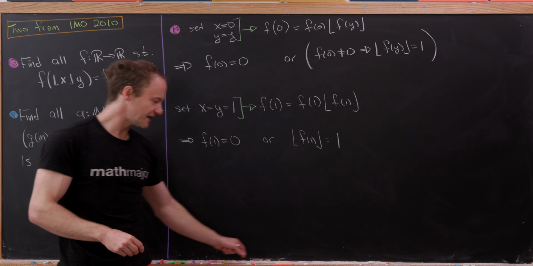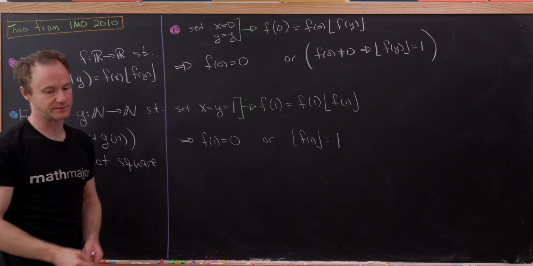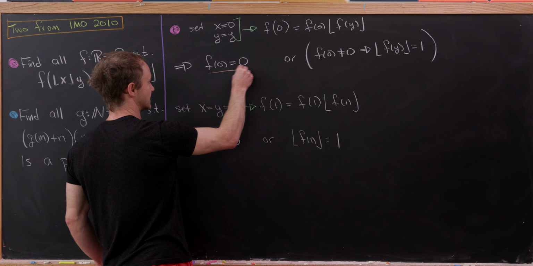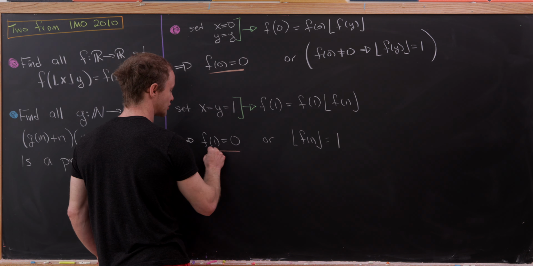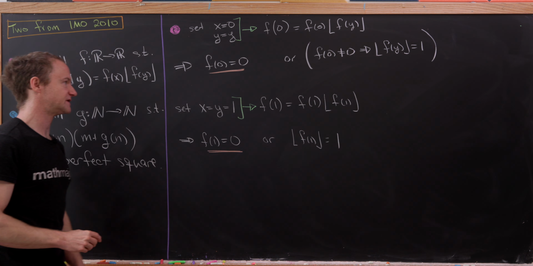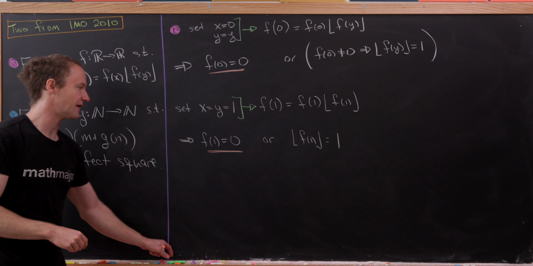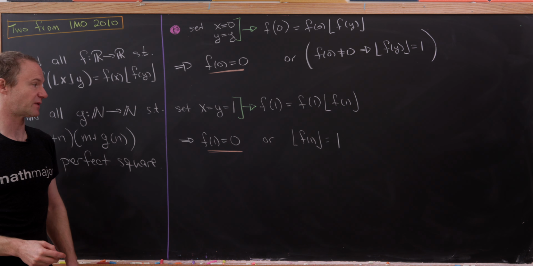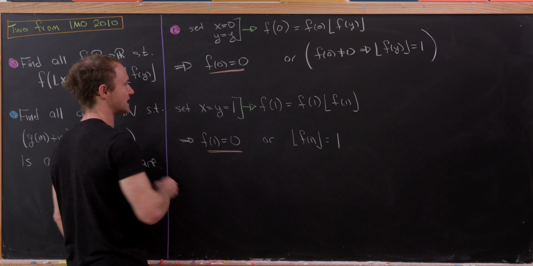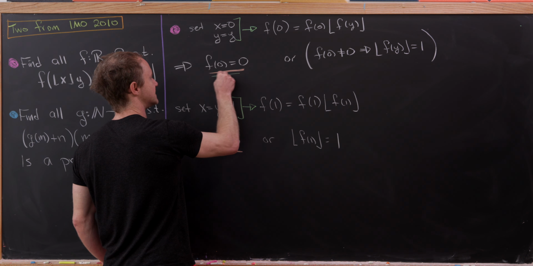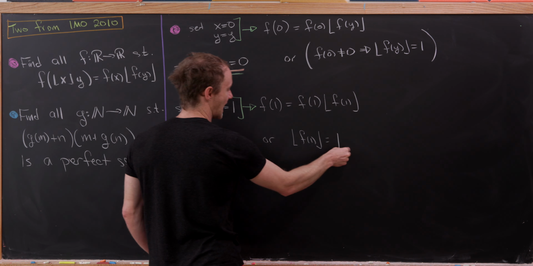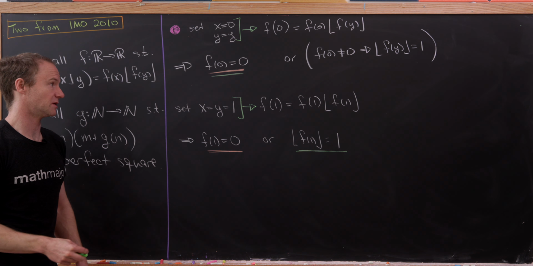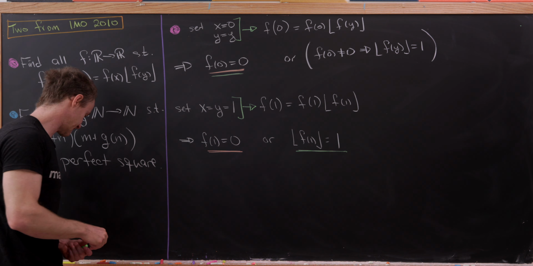Now, putting these two things together, we have some possibilities. The first possibility is given by these two peach underlines: f of 0 is 0 and f of 1 is 0. The second possibility would be if f of 0 is 0 and then f of 1 is 1. That's a possibility at this moment at least.